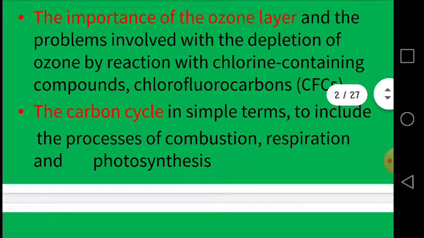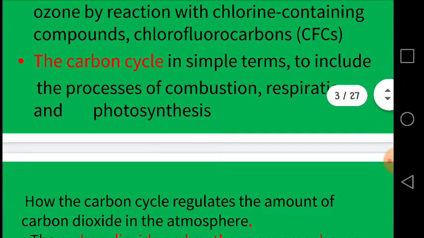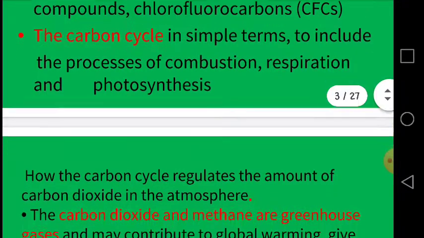Secondly, we will focus on the carbon cycle in simple terms to include the processes of combustion, respiration, and photosynthesis, and how these processes help to regulate the amount of carbon dioxide in the atmosphere.